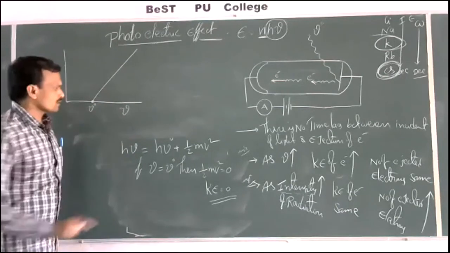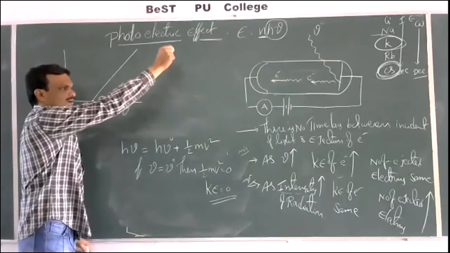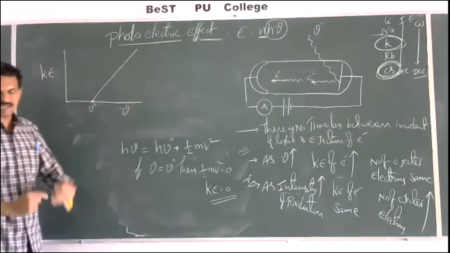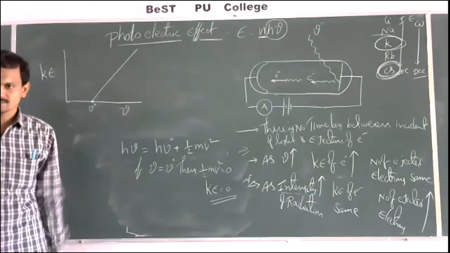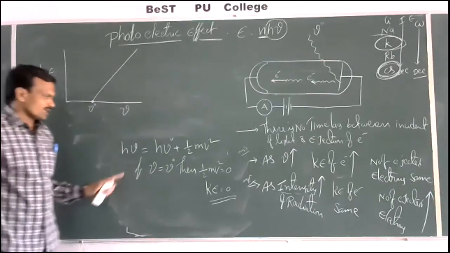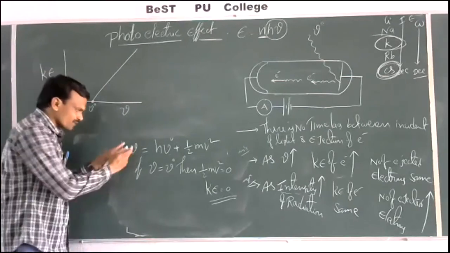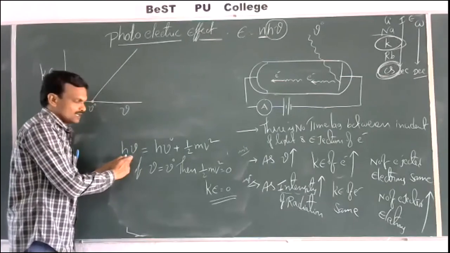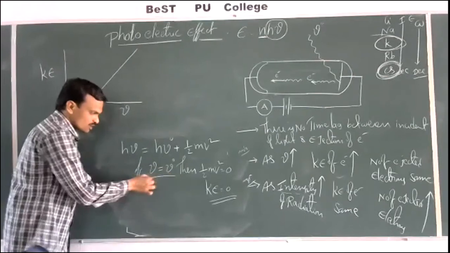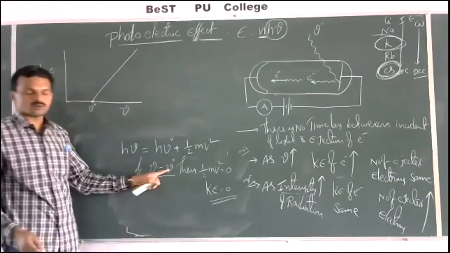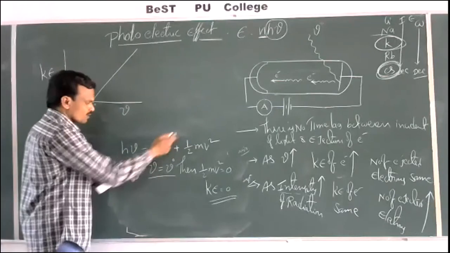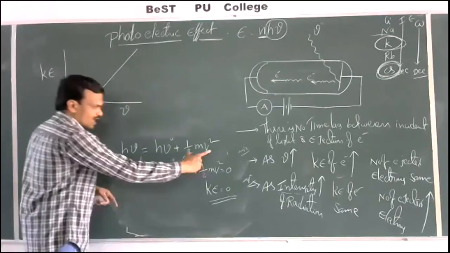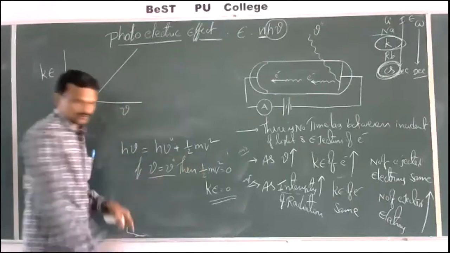If the frequency of incident light is less than the threshold frequency, no electron will be ejected. If the frequency of incident light is equal to the threshold frequency, that is nu is equal to nu naught, then h nu naught is equal to h nu naught plus half m v square. Both these will get cancelled. Then half m v square is equal to 0.